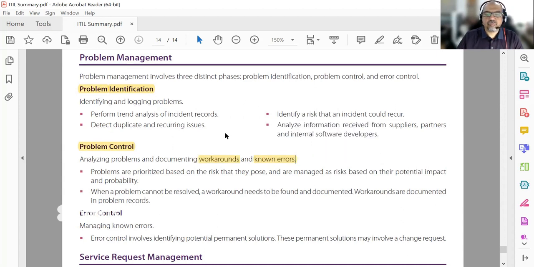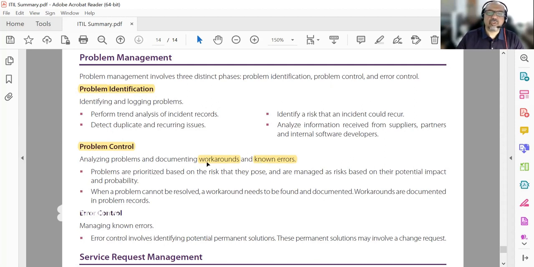Make sure to search for workarounds and known errors definitions, and you understand them very well because they will ask you about that in the exam. So known error, problem not solved yet. It's analyzed but not solved yet. Identified, analyzed, but not solved yet.